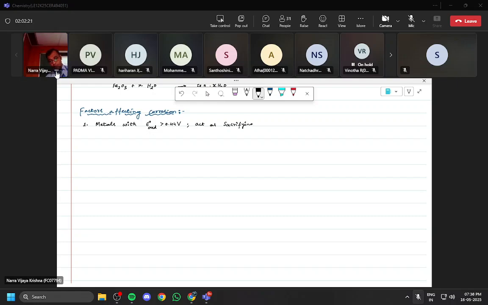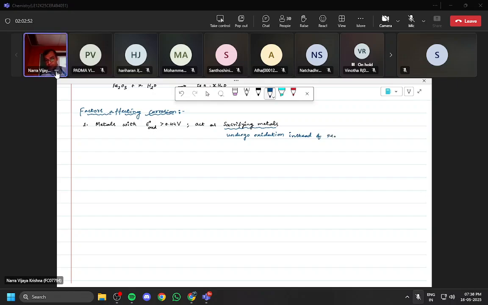Reason why we call them sacrificing metals: compared to iron, these metals undergo oxidation readily, instead of iron.